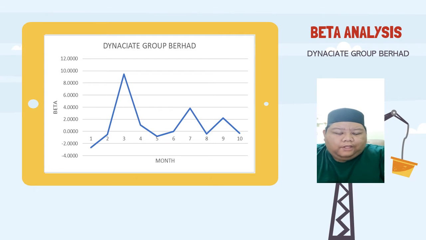In early February, during the MCO 2.0 that has been announced by the government, we can see the highest stock market available. It shows that the market price is at its highest volatility relative to the market, meaning there is more high risk involved.